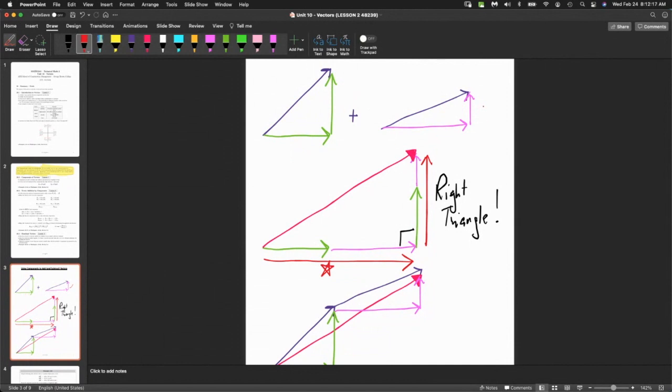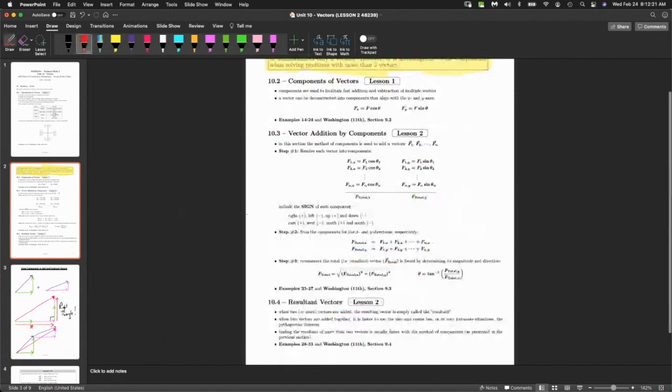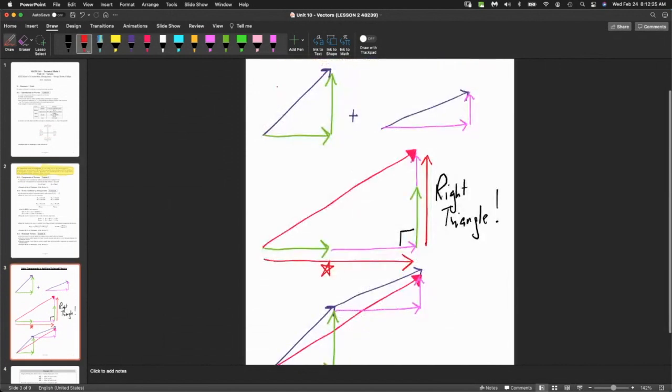Those pieces represent the components. If you want, we can start to label things. I'm going to use the letter F to represent the vector. So this is F1, and this is F2, and then this would be F1x and F1y, and this would be F2x and F2y.